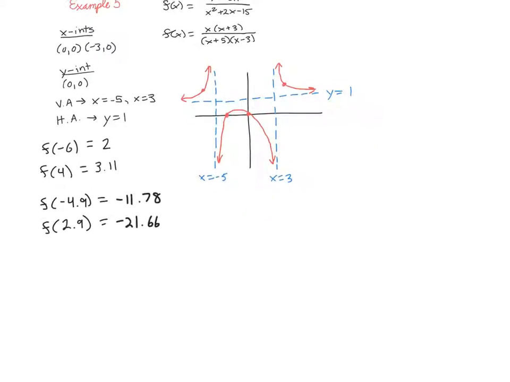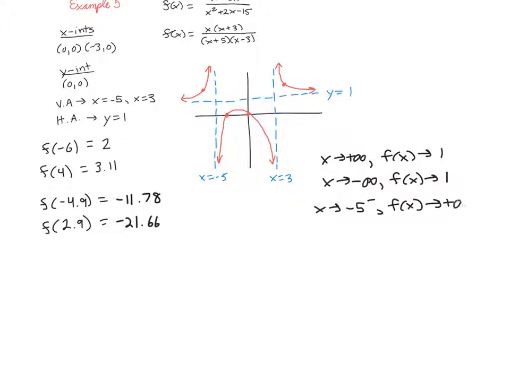So now that we have our graph, we can start describing end behavior and asymptote behavior. As x approaches positive infinity, our graph approaches the asymptote, so 1. As x approaches negative infinity, our graph approaches the asymptote again. As x approaches negative 5 from the left, our graph is going up, so positive infinity.